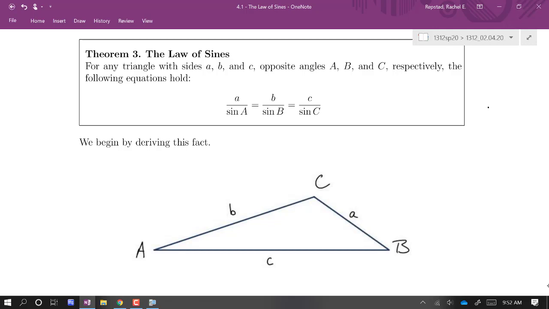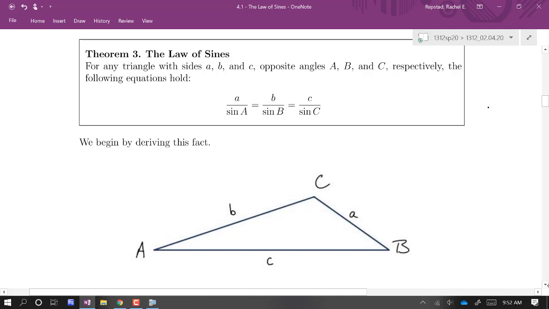Angle A is always opposite side A, angle B is opposite side B, angle C is opposite side C. We have that convention. What the law of sines says is if you take the ratio of the length of a side to the sine of the opposite angle, like side A divided by sine of angle A, that ratio is constant no matter which pair you take. That's what this says.